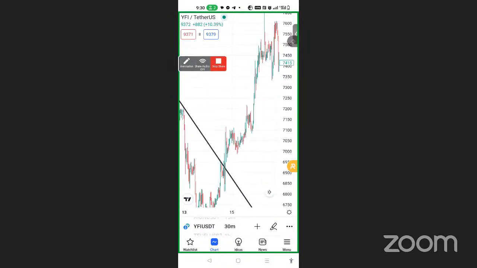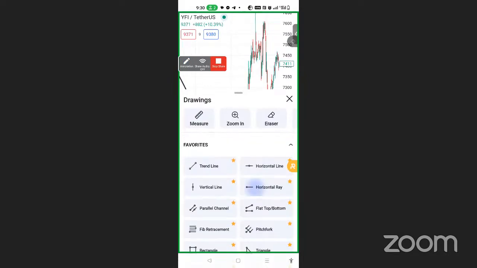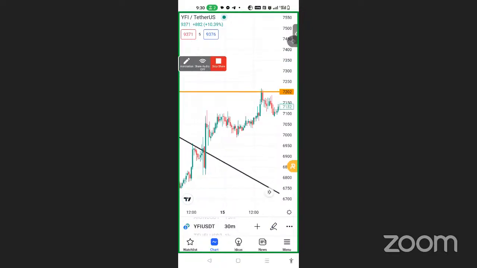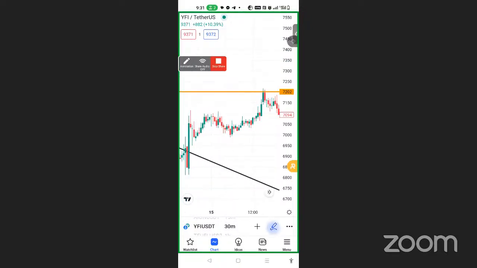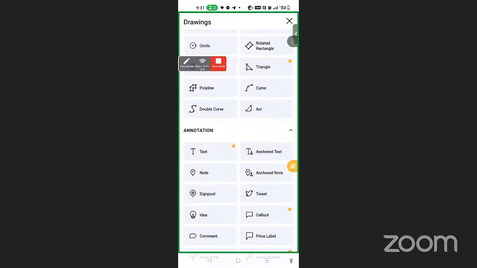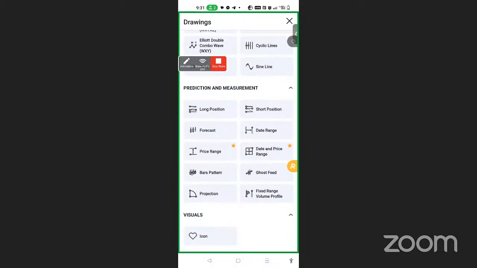Imagine you are looking for the recent swing high. One of the perfect swing highs was this one here. If we balance up our screen, we come down here to an area we call the price range, where we do prediction and measurement.